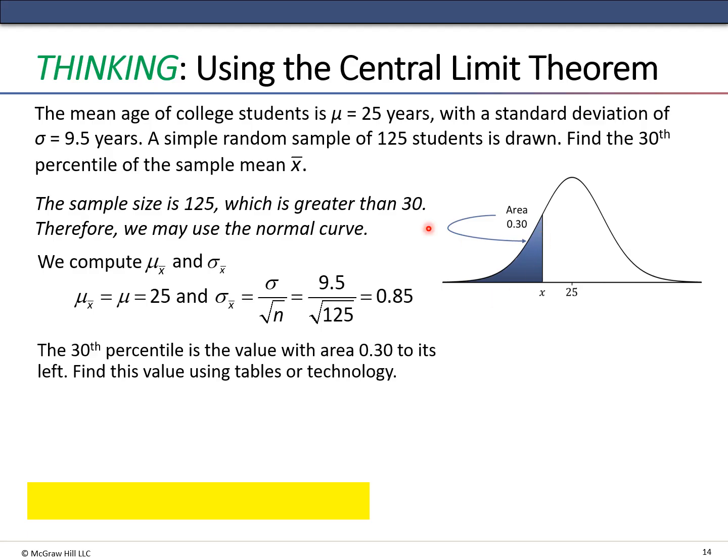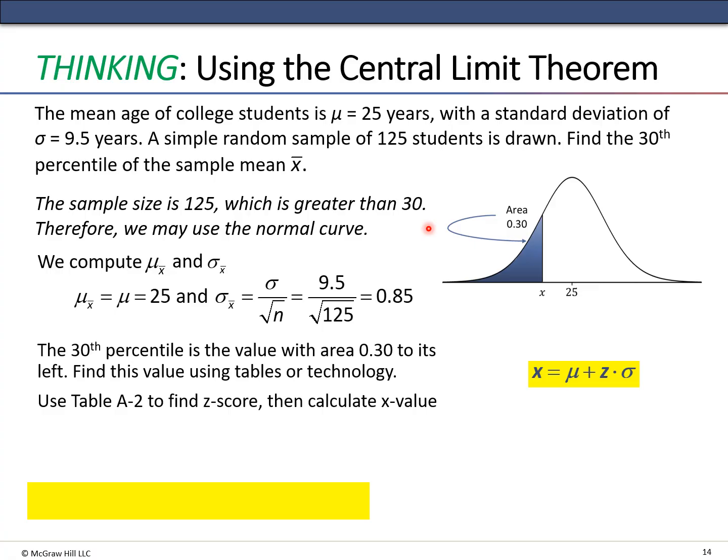Then we can re-engineer the z-score formula to find the x value, which we've done before in prior chapters and sections. Okay, this is the reworked formula. We looked at the z-score before. So if we're trying to find an x value given a z-score, this is just rewriting the formula to solve for x.